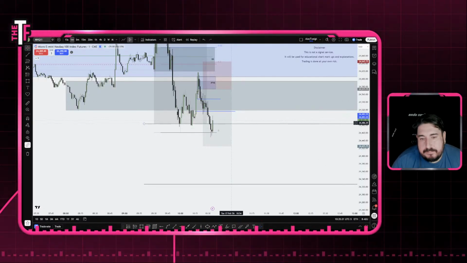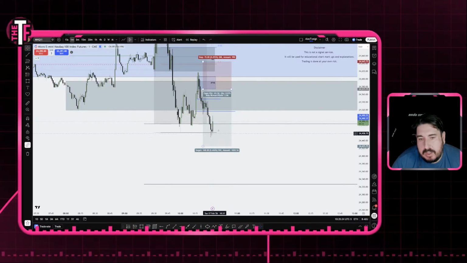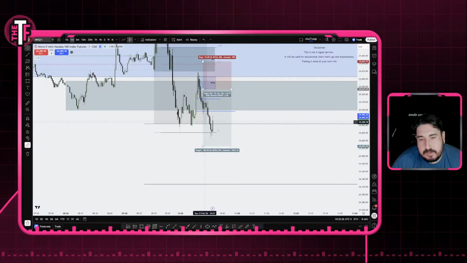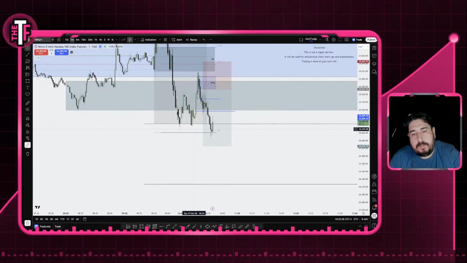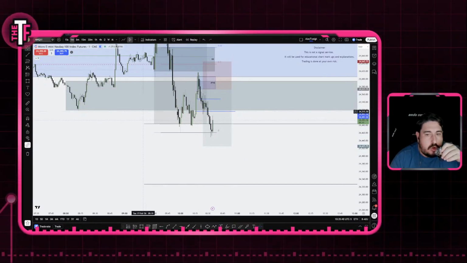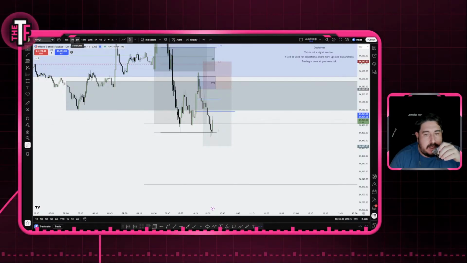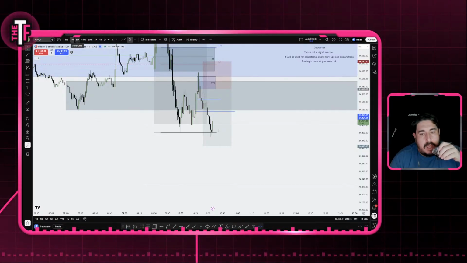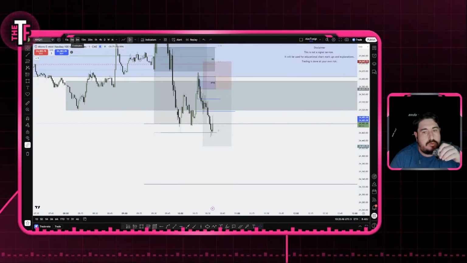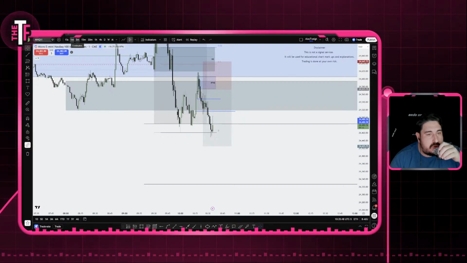You see, we didn't have the confirmation. It didn't want to break with a body. So we must wait for the next 5-minute candle to form in order to have a clear indication that we are for sure bearish for the session.